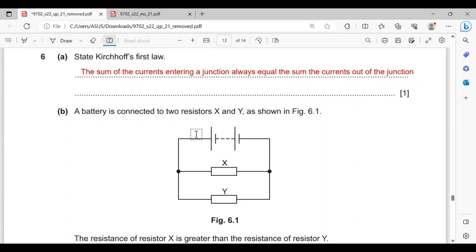Okay, let's continue. A battery is connected to two resistors, resistor X and resistor Y. Look at this diagram, as in figure 6.1.